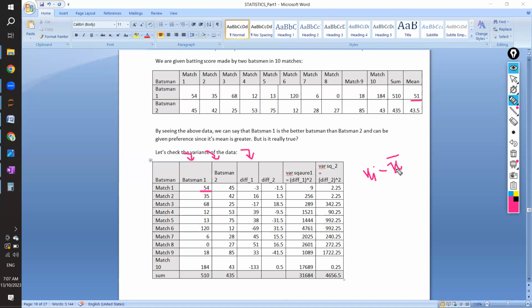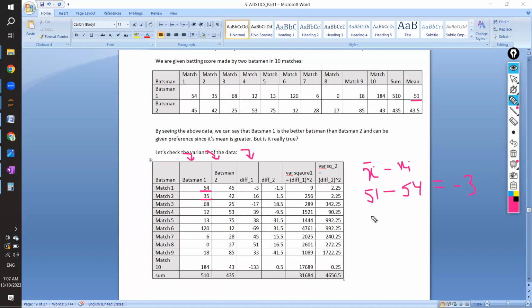So x bar will be 51, and the actual value is 54. Whether we do 54 minus 51 or x bar minus xi, anything is fine, because we are going to square. So x bar minus xi: 51 minus 54 is minus 3.